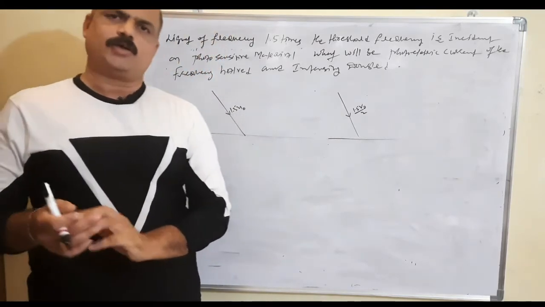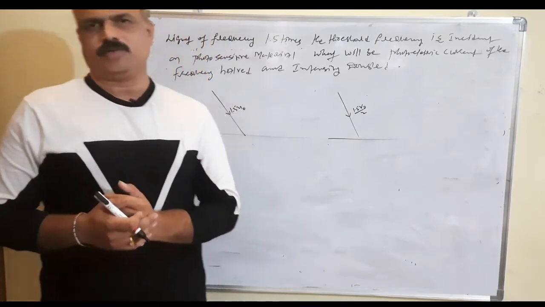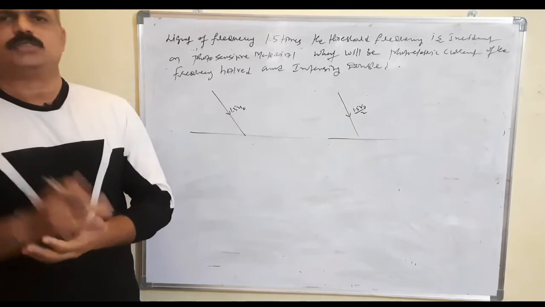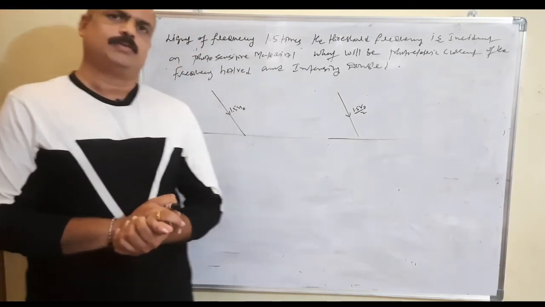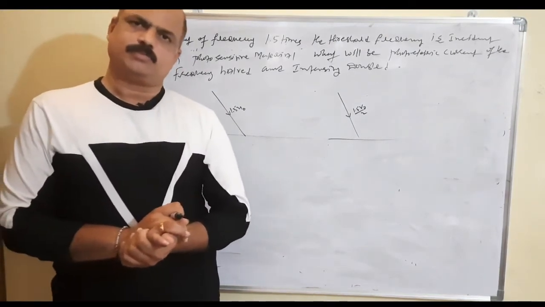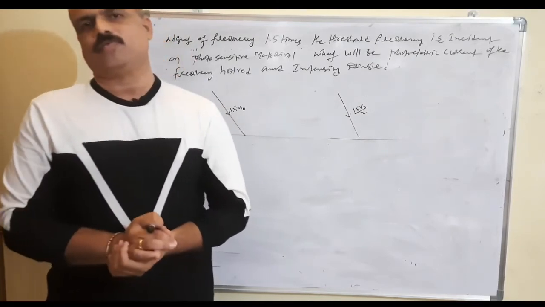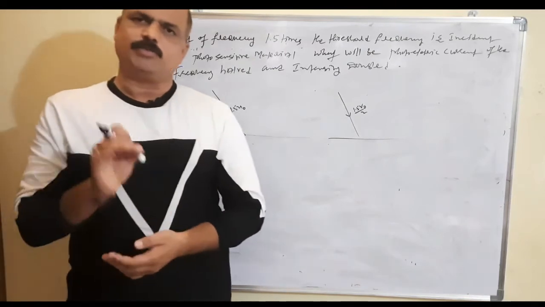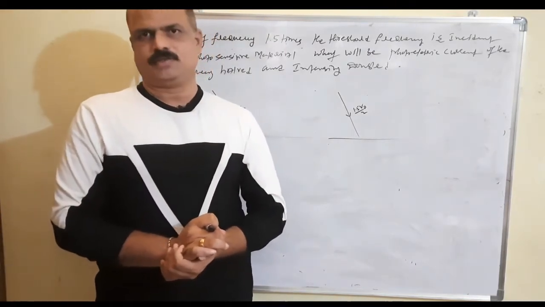Whenever light of a certain frequency is incident on a photosensitive metal, electrons are liberated. This phenomenon is called the photoelectric effect. But to emit electrons from the surface, we need a minimum frequency of light incident on that metal. That minimum frequency is called the threshold frequency.